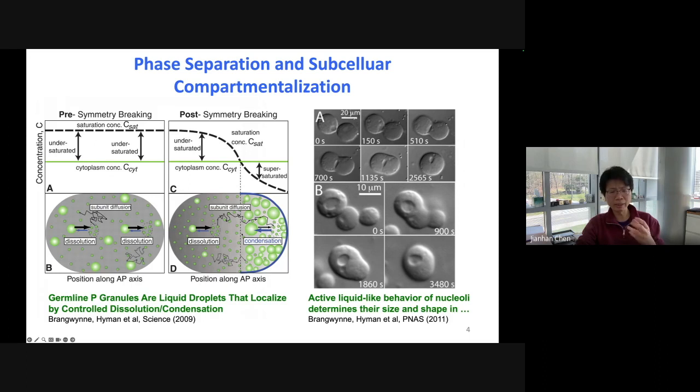So this really resembles the liquid-liquid transition. People know that it's a really fundamental process. And later on, they showed that the nucleoli, which is another type of protein-RNA body or clump, also appear to have liquid-like behaviors, right?